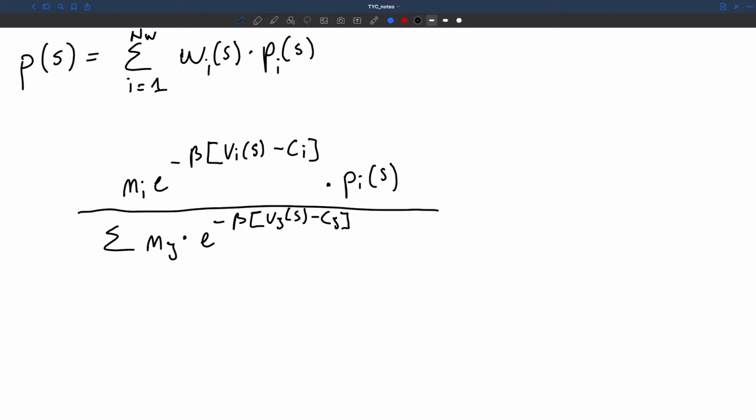Now at the numerator we can recognize that this term actually corresponds to the biased probability density in window i.